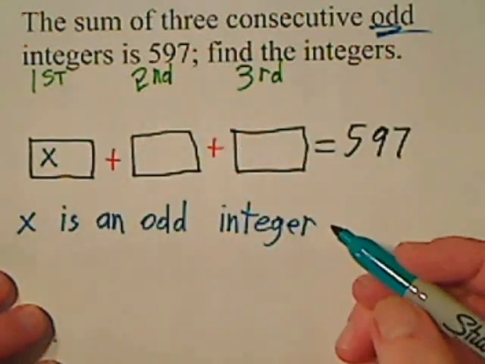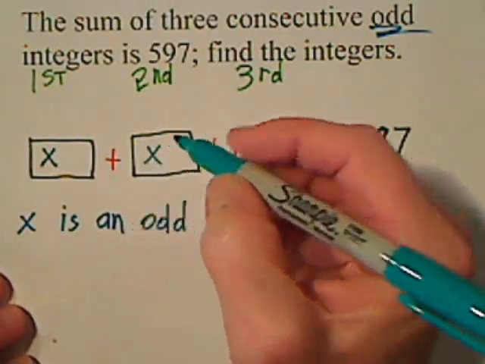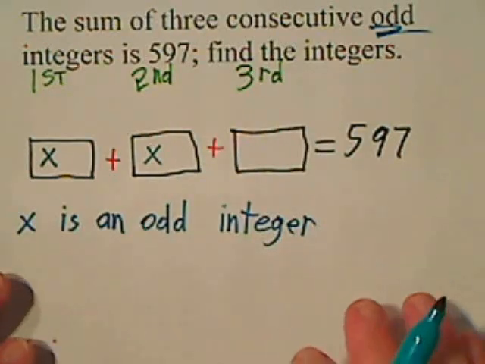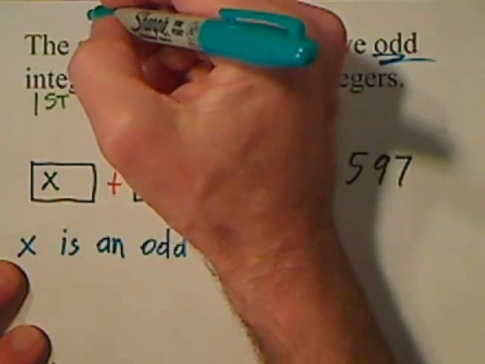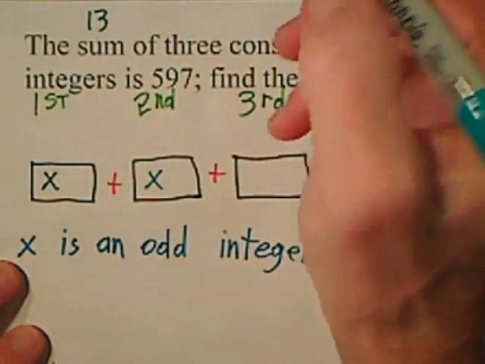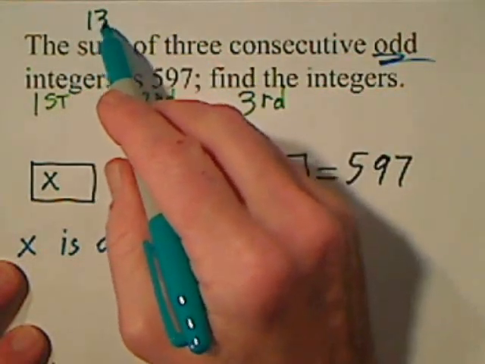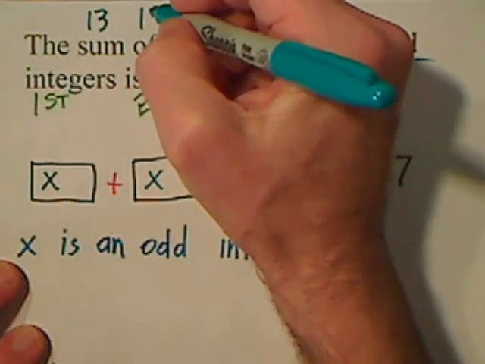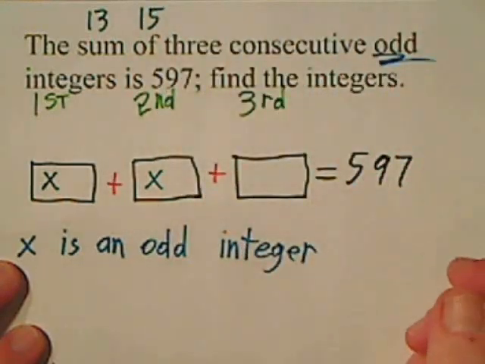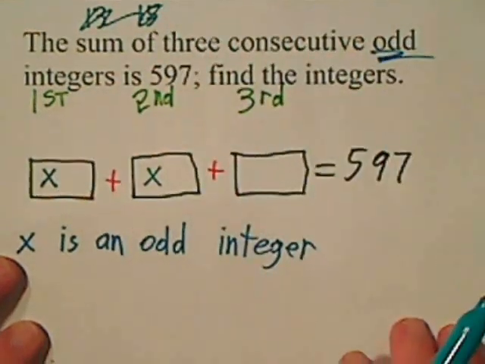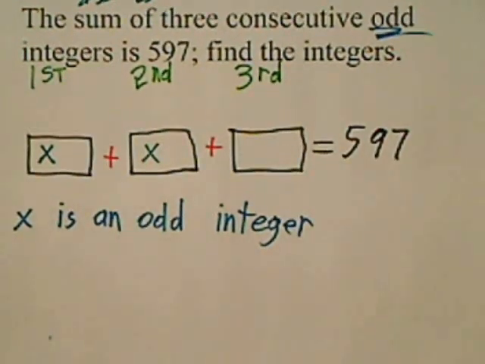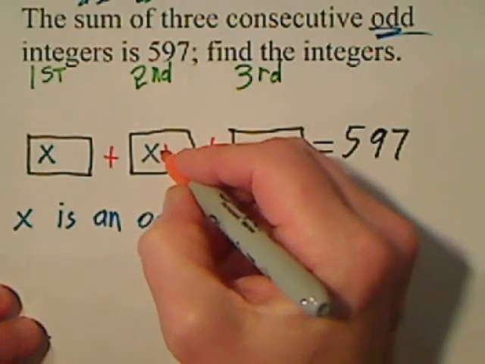I'll just call it x. If you're standing on an odd number, let's think of an odd number like 13. To get to the next odd number, you would add 2, and that would be 15, right? So you're just going to add 2 to x. So to this x, I'll need to add 2.